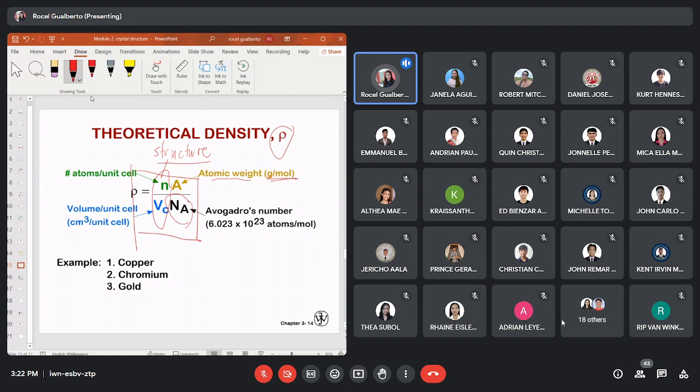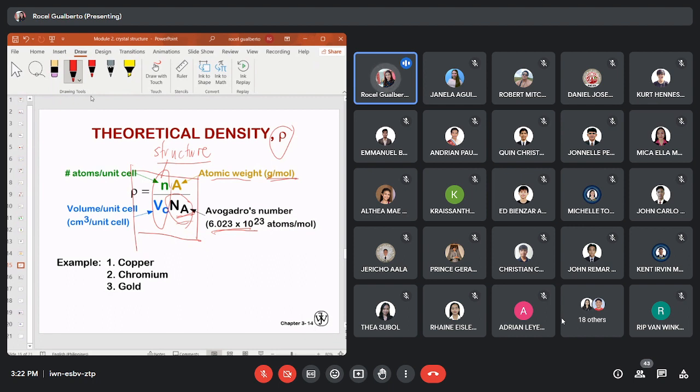That would be the Avogadro's number. This is constant for all types ng elements natin. Kahit po anong elements, kahit po anong structure niya, the Avogadro's number remains constant. So whether it's an FCC, BCC, HCP, constant po yung value niya. Ito po yung value gagamitin natin.